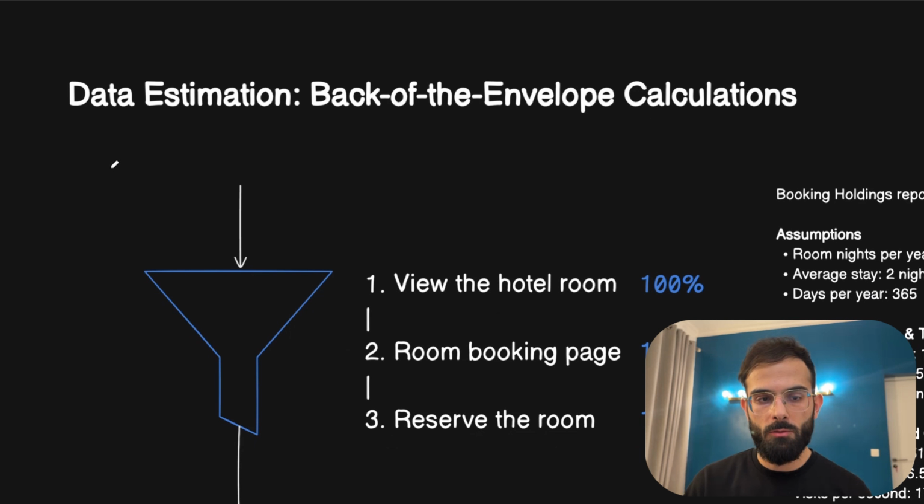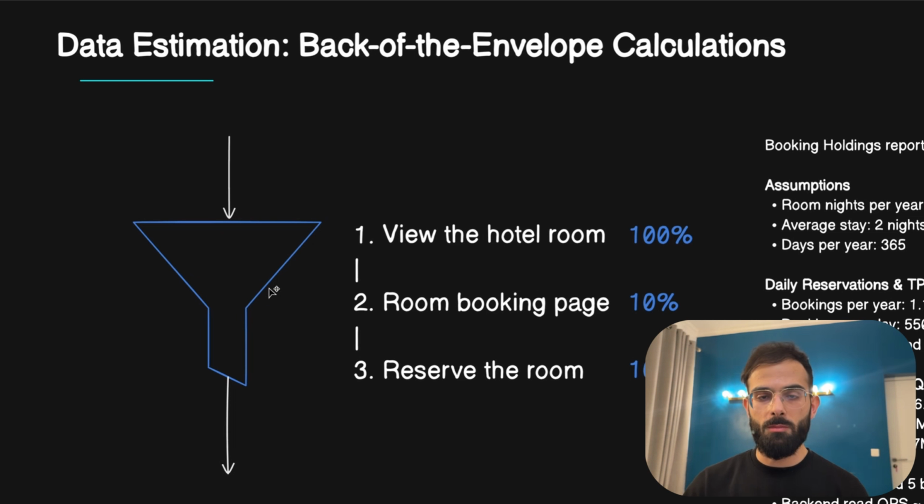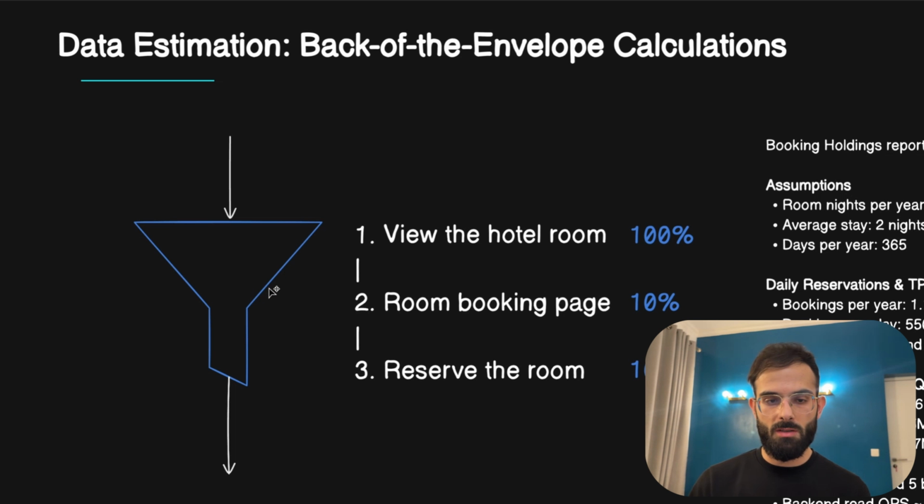Now, when it comes to the data estimation, the most important things we are interested in here are the queries per second that are going to happen in the system and also transactions per second, which are the writes to the database when users are booking hotels. In this kind of system, you can think about it as a funnel.